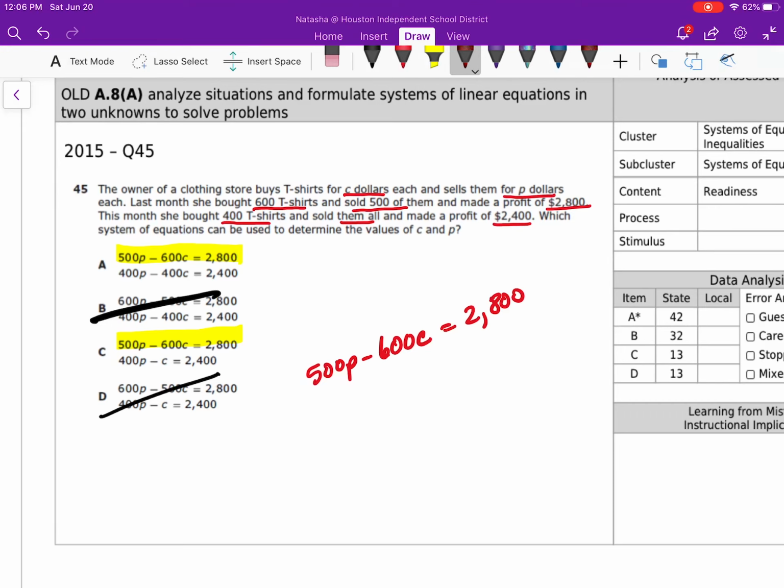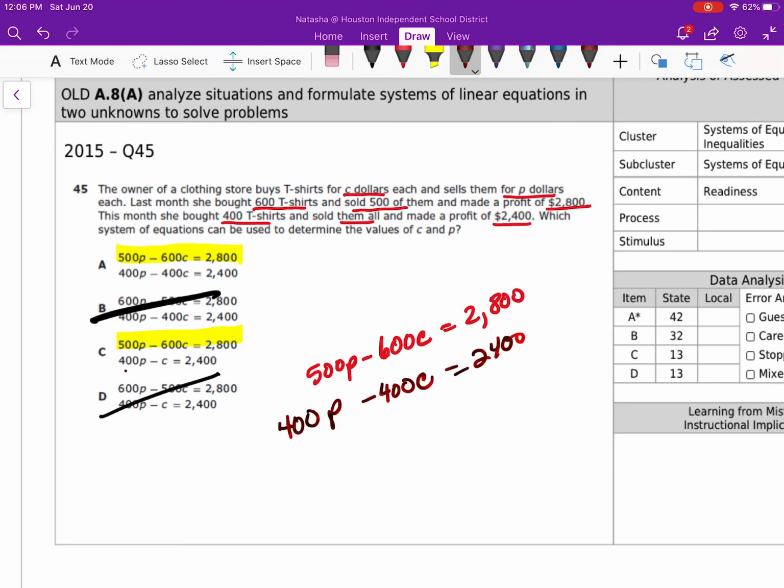Now let's look at our second equation. She bought 400 t-shirts, so that's minus 400C. That's equal to 2,400. And she sold them all. So if she sold them all, then that would be 400P as well, right?